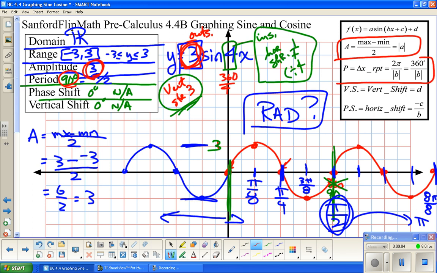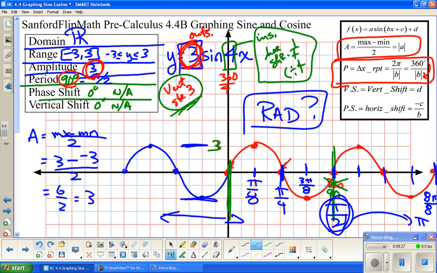Well, here's another cute little formula, 360 divided by the absolute value of b, 4 in this case. And now the absolute value is there just so that in case b was negative, then just keep in mind period's always positive. Amplitude's always positive also. Okay, so now shifts can be positive or negative, but amplitude and period are always positive.